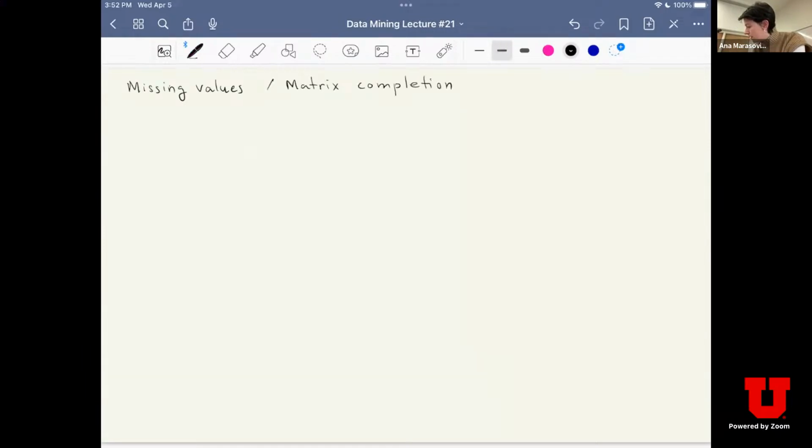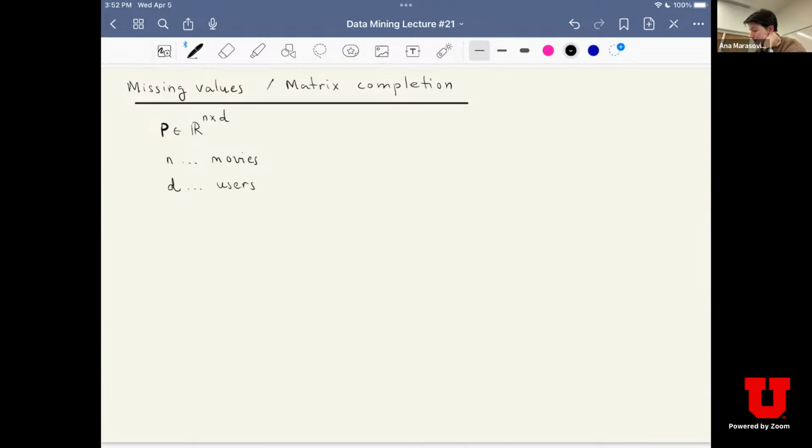So we will have as our input some matrix, let's call it P, with all the data, and it's going to be n times d. In the Netflix example, n will be your movies, although now there is more than just movies, and d would be your users. More correctly, it would be the number of movies and number of users.